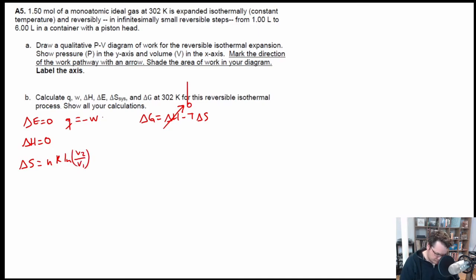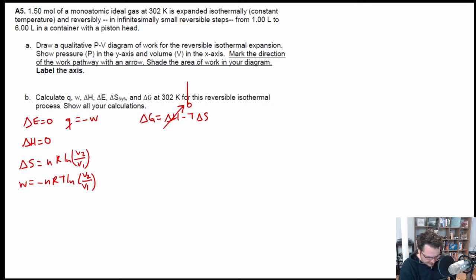And in terms of work, work in this case is going to be equal to negative nRT natural log V2 over V1. Those are the things to think about and to approach.